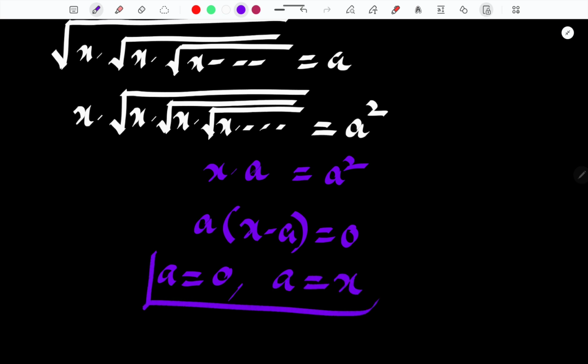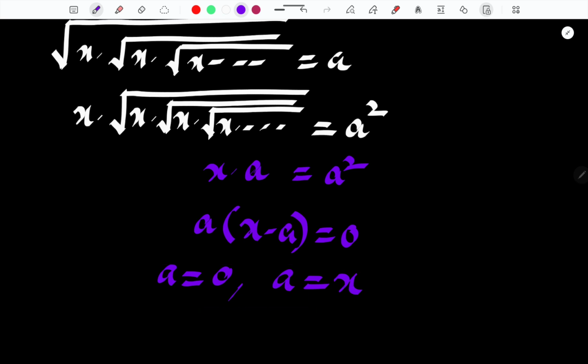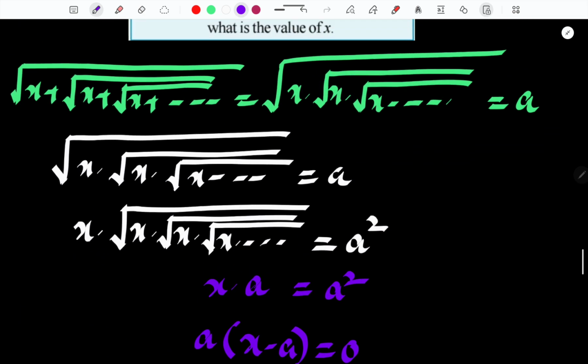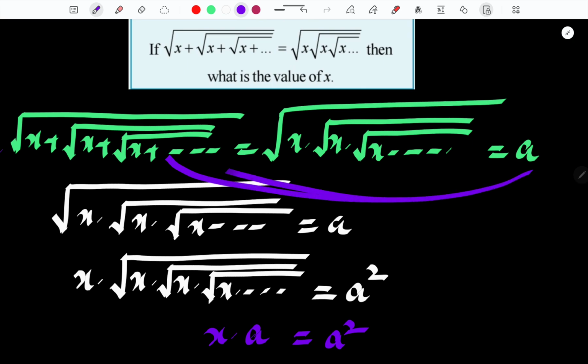Here we got two cases. In two cases we are going to solve the problem. Let us take the first case, a equals 0. That means this is equal to 0 and this is also equal to 0. Here I am going to take the first one equal to a.